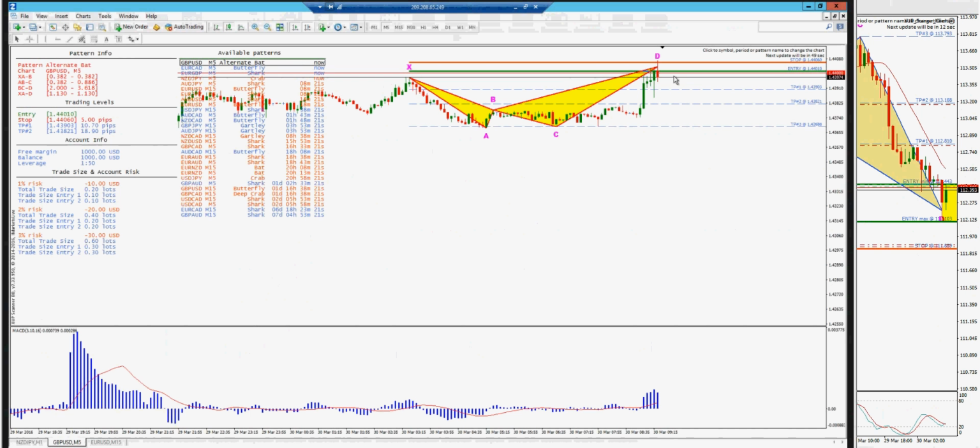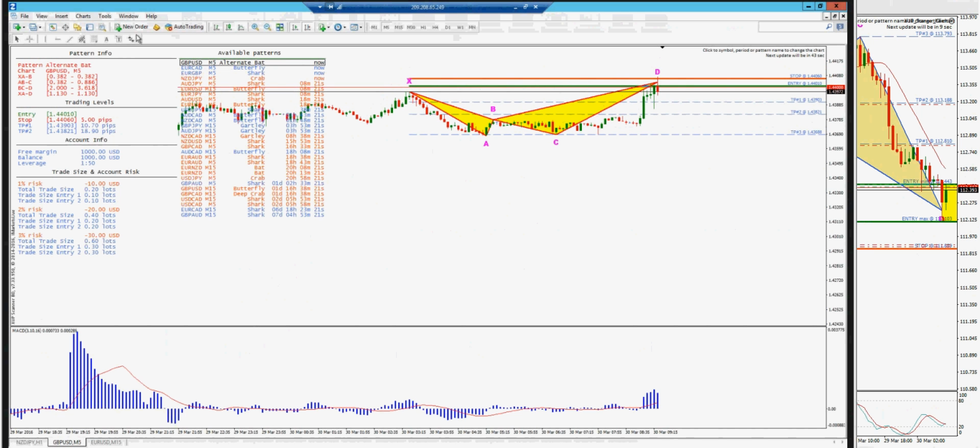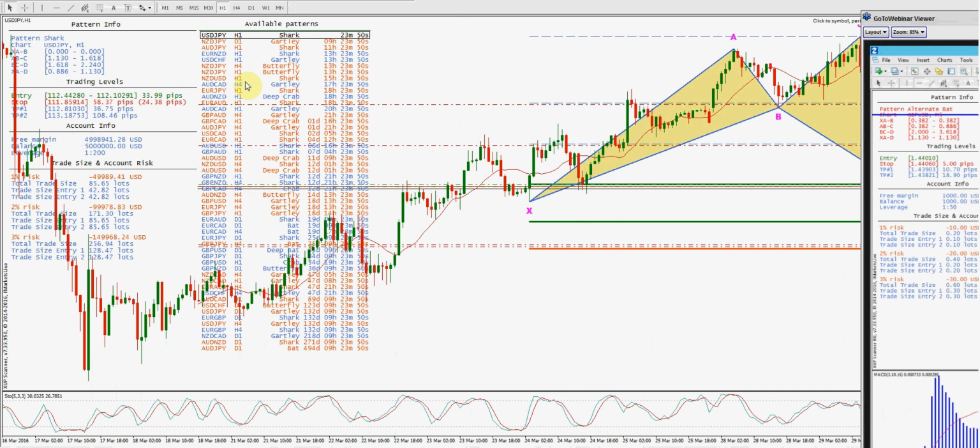GBP USD. See how they put a little spike in up here? Okay, let's just take a look. Very small risk, guys. Let's go 1.441 stop on the sell side, GBP USD.